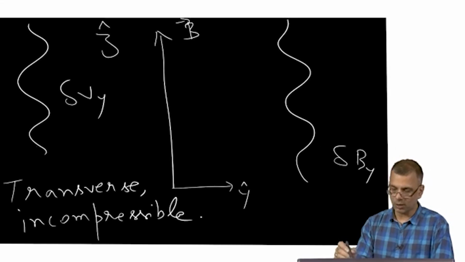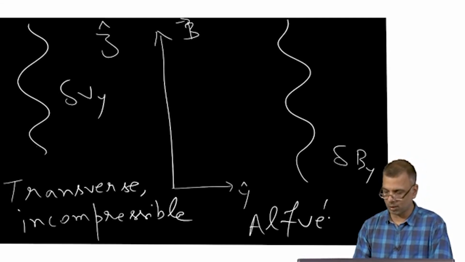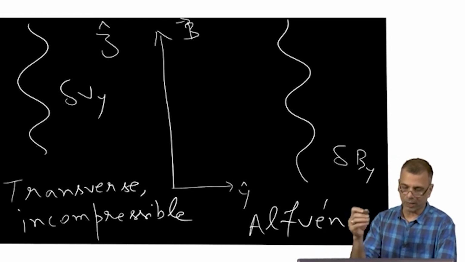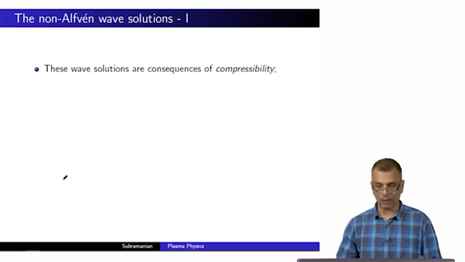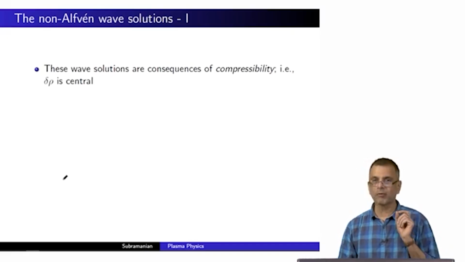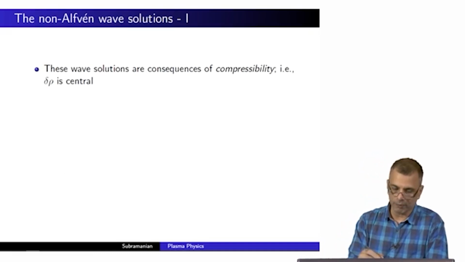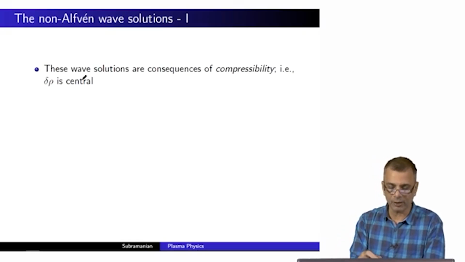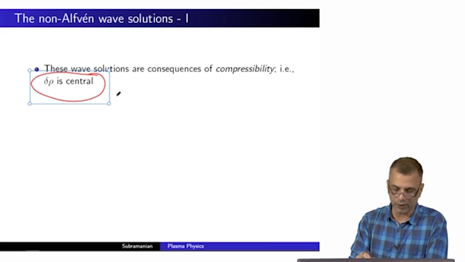Right, and so these are Alfvénic perturbations. Okay, now it turns out that the other solutions are consequences of compressibility. In other words, unlike the Alfvén solution, the appearance of delta p is very important.